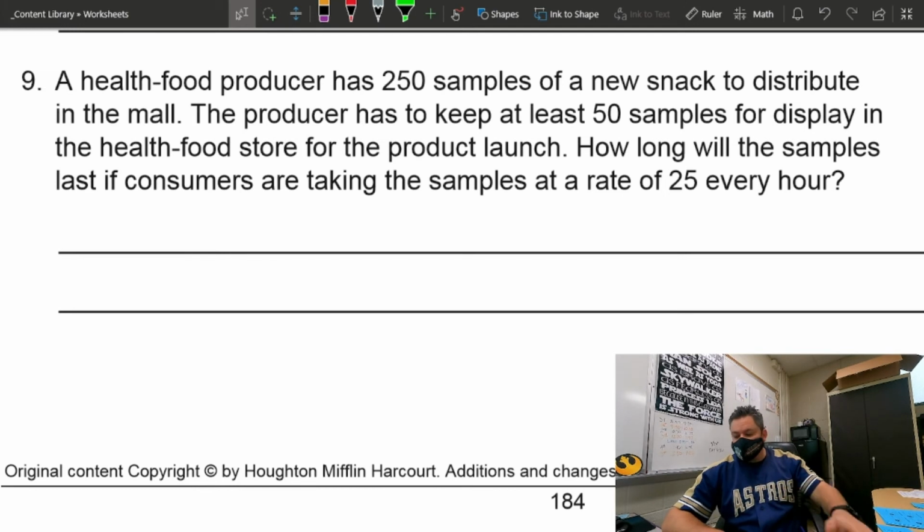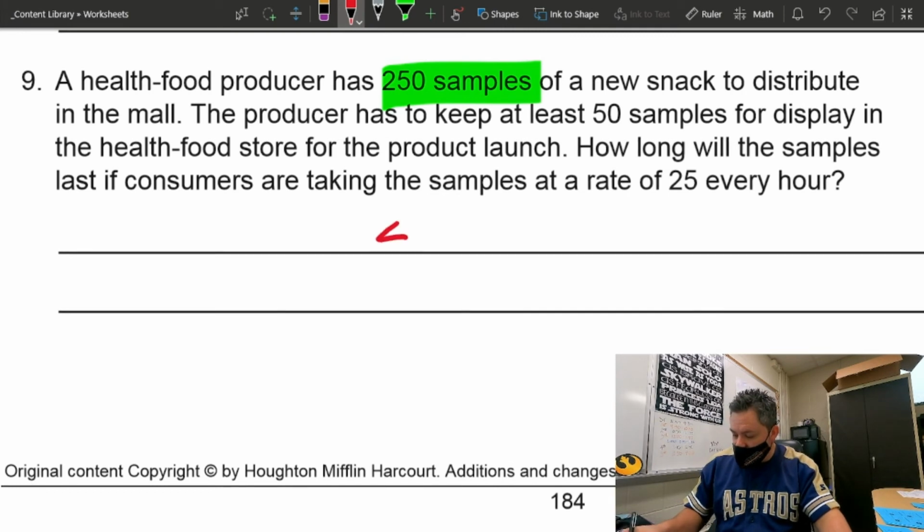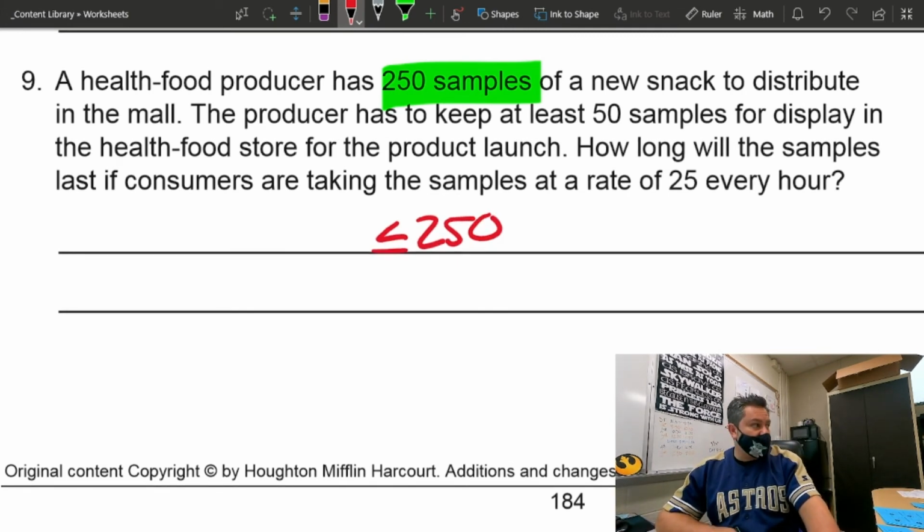How long will the samples last if the consumers are taking the samples at a rate of 25 samples every hour? Okay, does he have more than 250? No, that's the most. So this will be less than or equal to 250. Does anybody disagree?